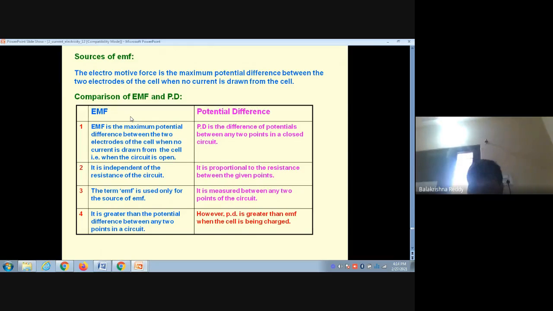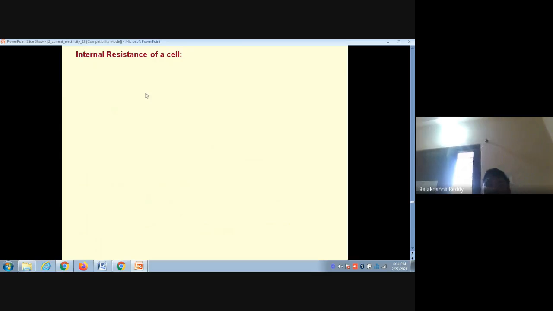So that you can understand a little more, internal resistance of a cell. For example, if I buy a cell of 1.5 volts or a 9 volt cell, and I use a digital meter to measure the voltage, I will not get the complete voltage. 9 volts means only 8.5 will come. 1.5 means I'll get only 1.4. Where has this 1 or 0.5 volt gone?